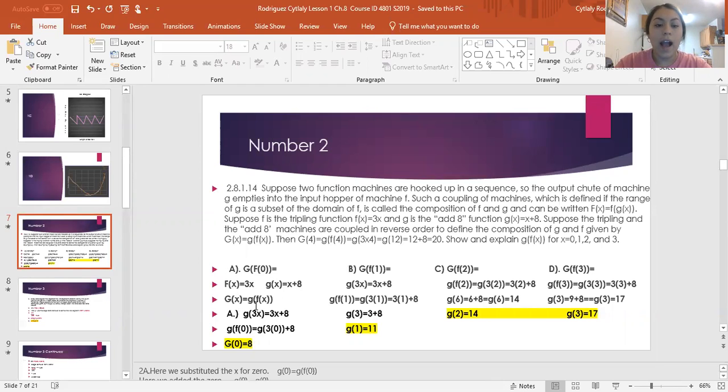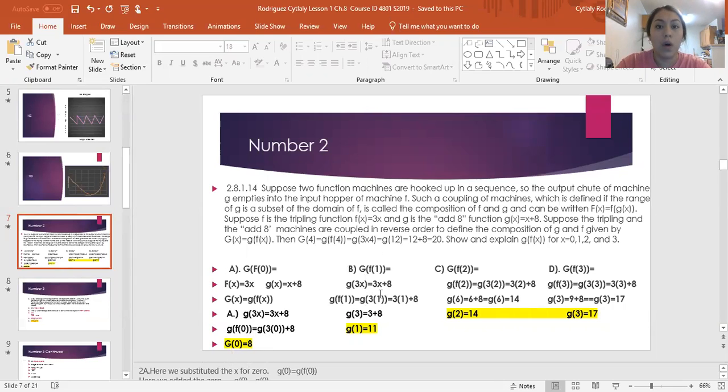So here we have 0 in our function, and g of 3x equals 3x plus 8, because we know we're going to add 8 to whatever we get of x. So g of f of 0 equals g of 3 times 0, so 3 times 0 plus 8. We know that 3 times 0 is 0. We add 8. g of 0 equals 8, as one can tell right here.